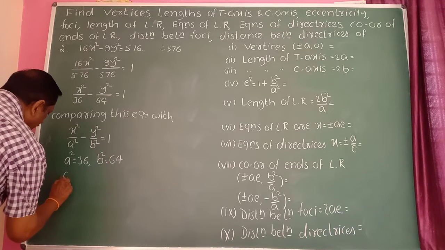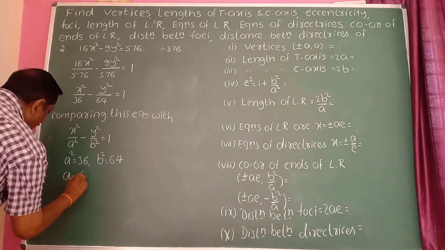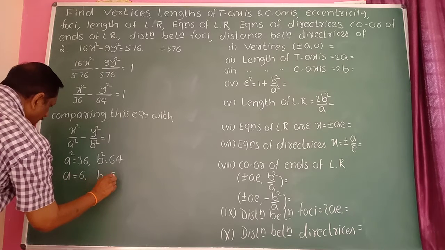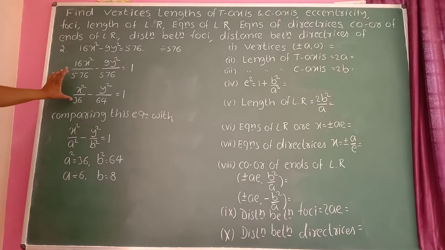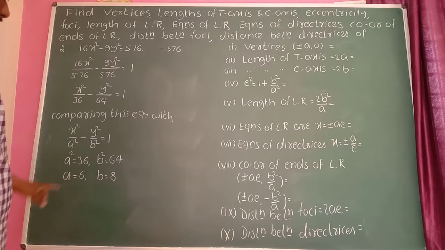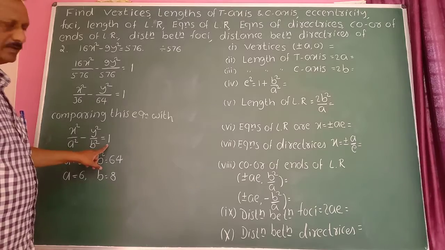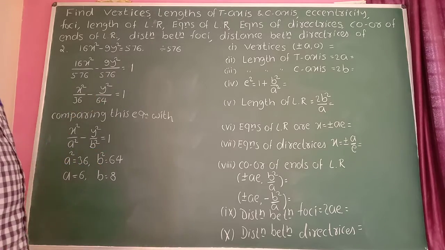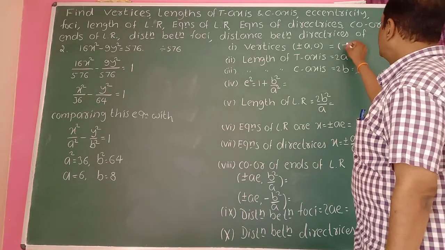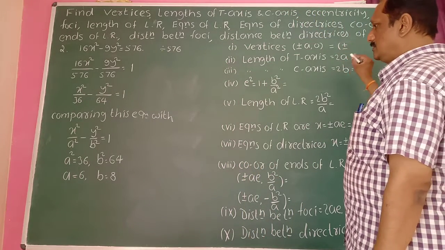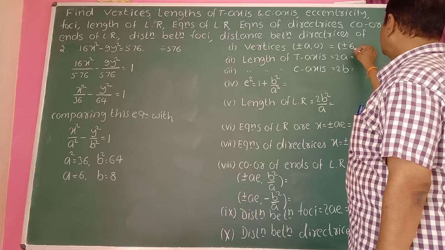Then the a value is 6 and the b value is 8. In this case, it is an equation of a hyperbola because RHS is plus 1. Therefore, the vertices are (±a, 0), so plus or minus 6, 0.